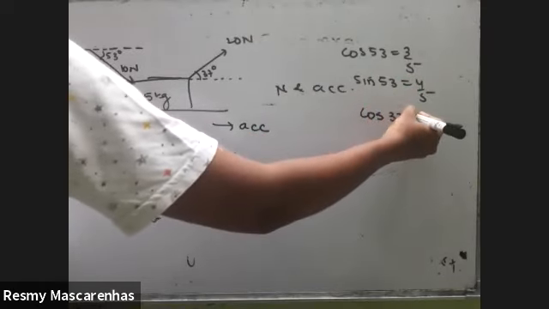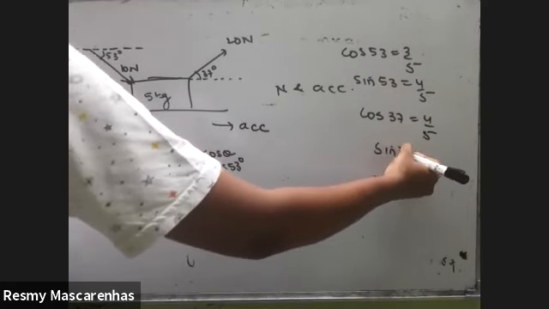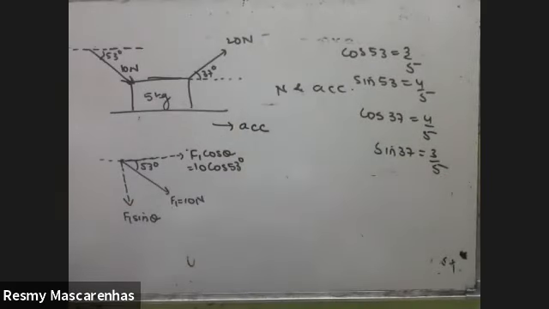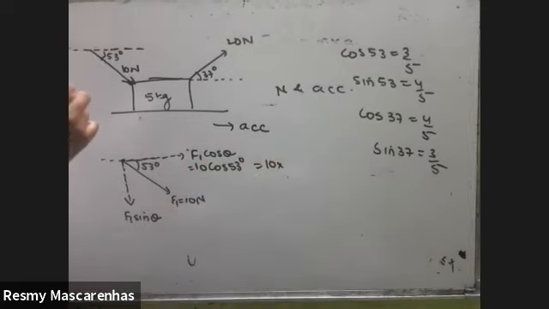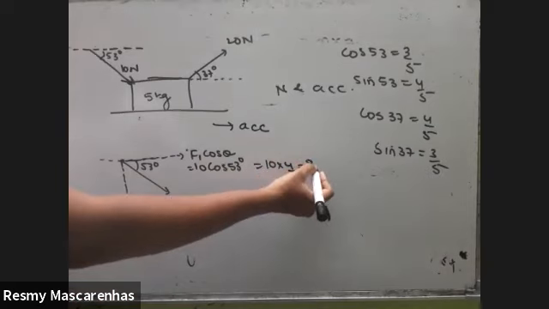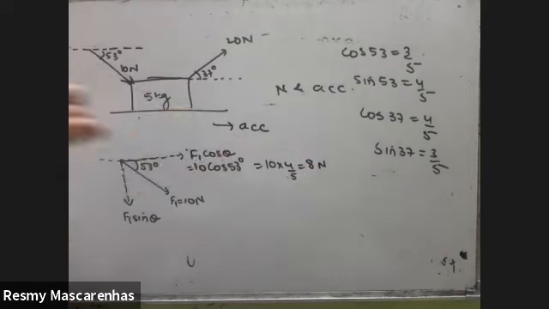Cos 37 is 4 by 5, the opposite. And then sin 37 will be 3 by 5. So these are the values of cos and sin for both the angles. Now cos 53 will be 10 into 3 by 5, it will be 6. So this horizontal component is 6.